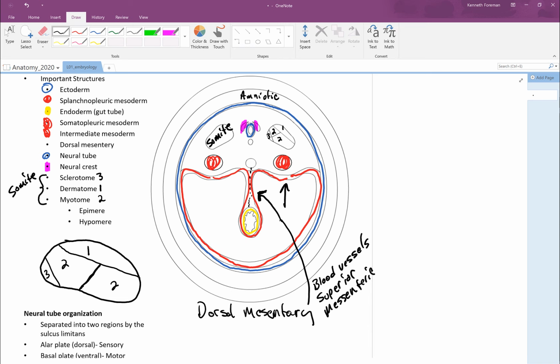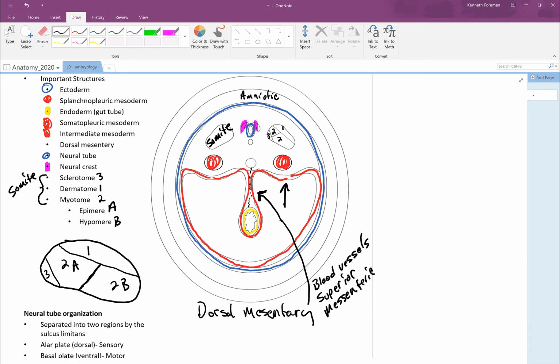The ventral rami goes to all of our hypaxial muscles, or basically anything innervated in the anterior trunk and limbs. So here we have our epimere, which is A. I'm sorry, epimere is A, hypomere is B.